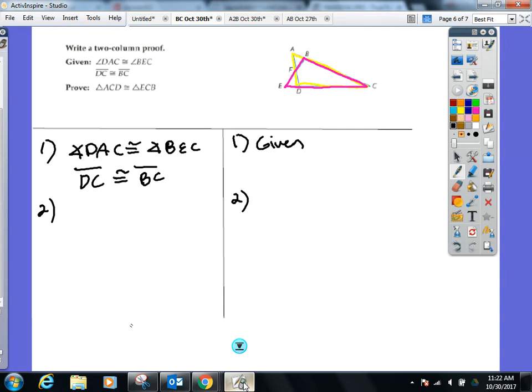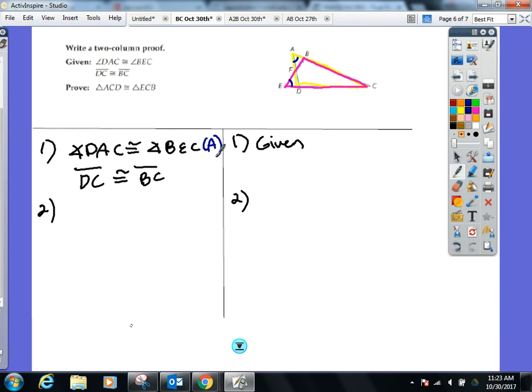Angle DAC, this angle right here, is congruent to BEC, this one right there. Are those 2 full angles in each triangle? Everyone agrees yes. So that has provided me with at least 1 pair of angles. And it's got to be full. Can't be partial.